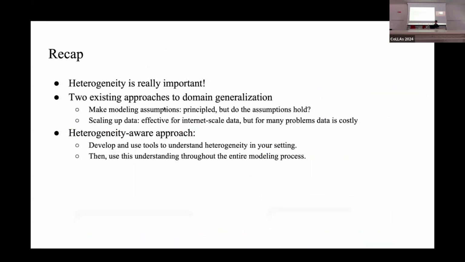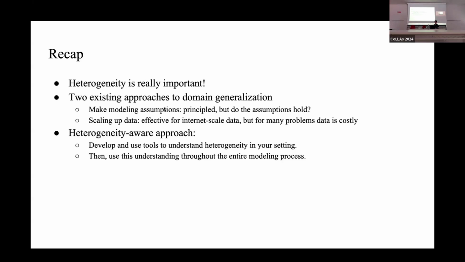And here's some takeaway or recap. That is, data heterogeneity is really important, and there are several existing approaches for better generalization. The first one is to make some modeling assumptions like DRO and invariant learning, but do the assumptions really hold in practice? We really need to check it.